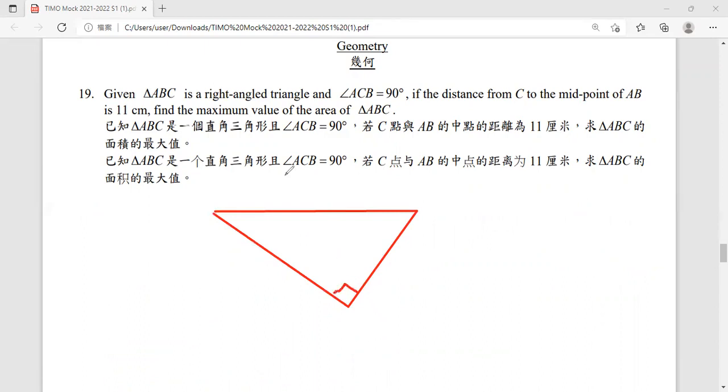You draw a diagram yourself. This is 11. And this is the midpoint. So what is the maximum area of ABC?